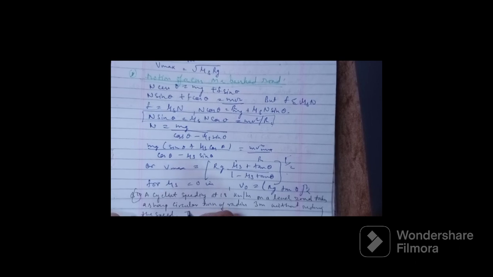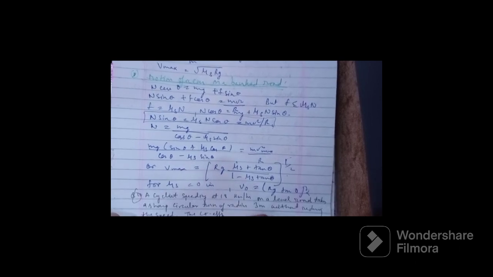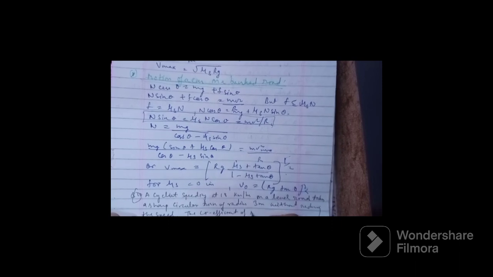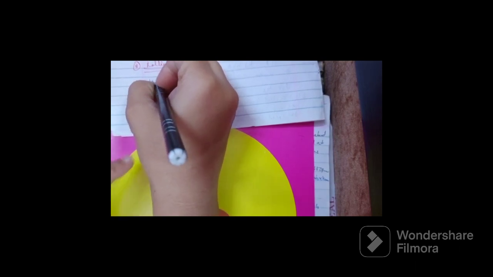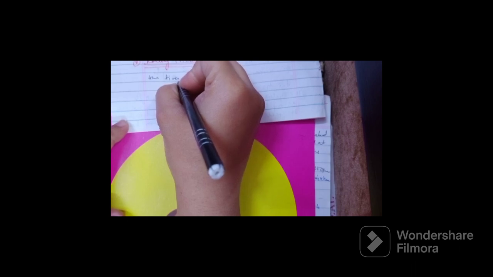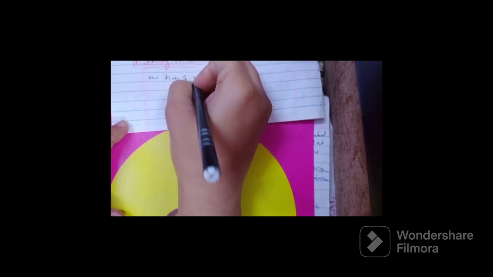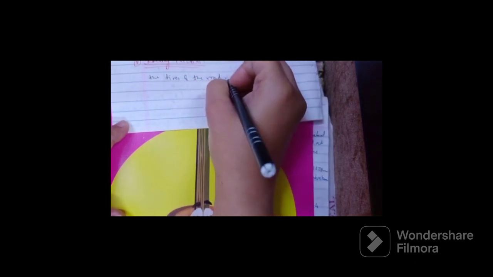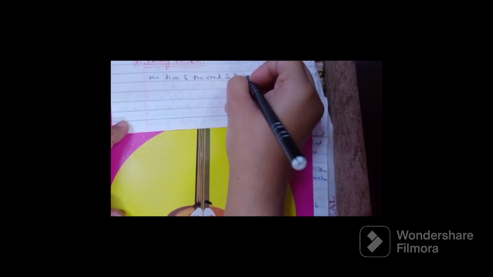The coefficient of static friction between the tires and the road is 0.1.